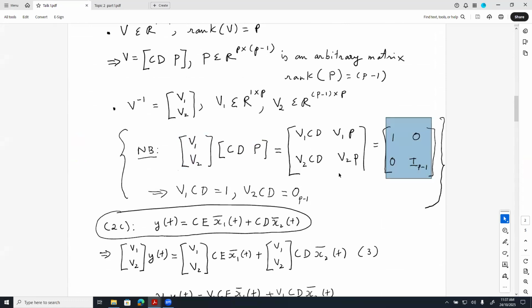Remember that? And we have this relationship here: V1 times CD is actually 1. It's non-zero. All right, so what does it mean?